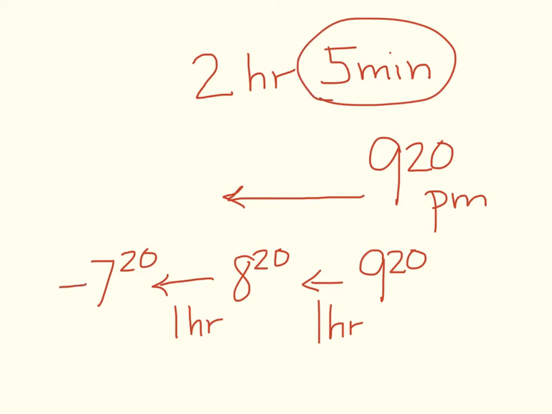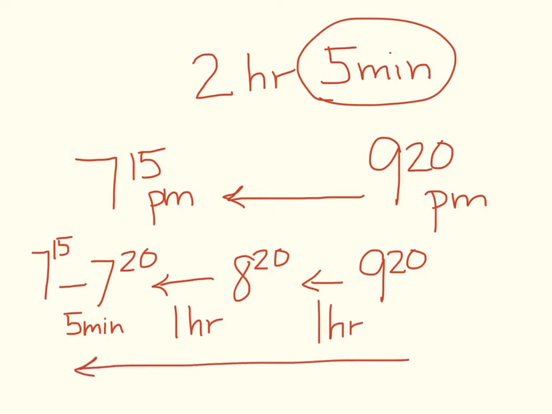So from 7:20 to 7:15 gives me that 5 minutes. So the movie would have had to start at 7:15 p.m. Again, remember that you must have your labels there. That should help you figure it out, especially if you remember it's all in the moving back.